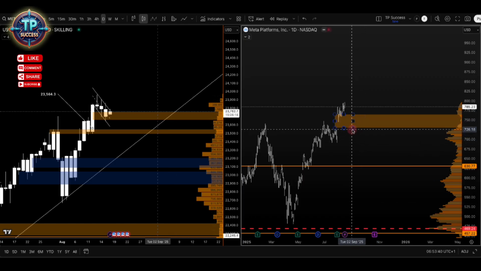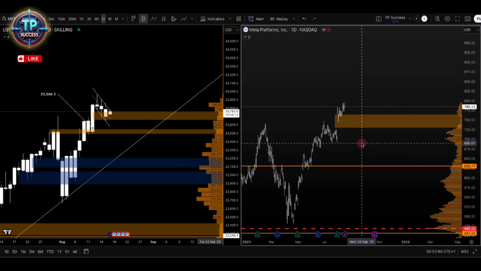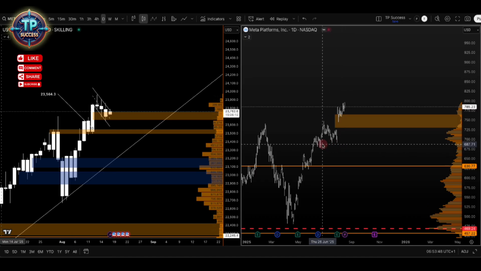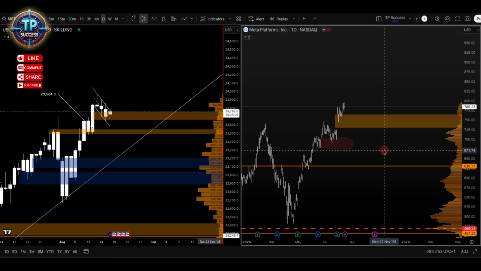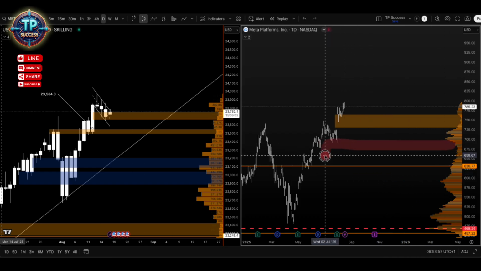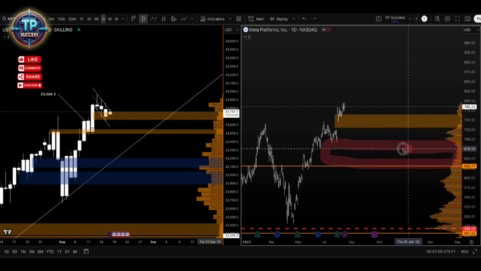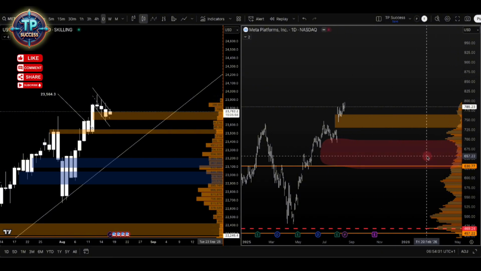So pricing below 726 basically means that price is flying all the way down. It could come down to this area over here, okay, to form a head and shoulders before it breaks down further, and that's going to be in line with this low volume node in this area right here. That will be in line with that, okay?